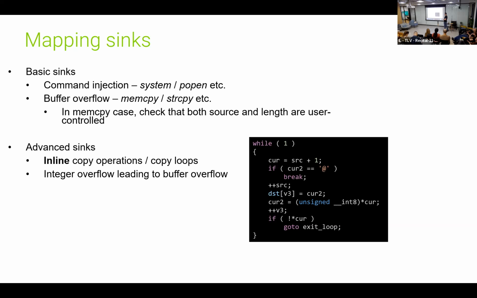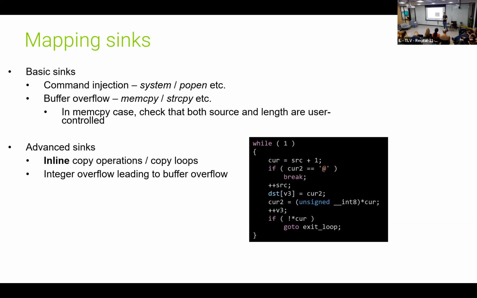There are more advanced cases where you need to look not for a function, but for a series of opcodes or a series of statements. For example, instead of memcpy, a buffer copy doesn't have to be caused by a function. It could be just a loop in the program. So with static analysis, you would need to go over the code, find all these loops, and label them as equivalent to memcpy.